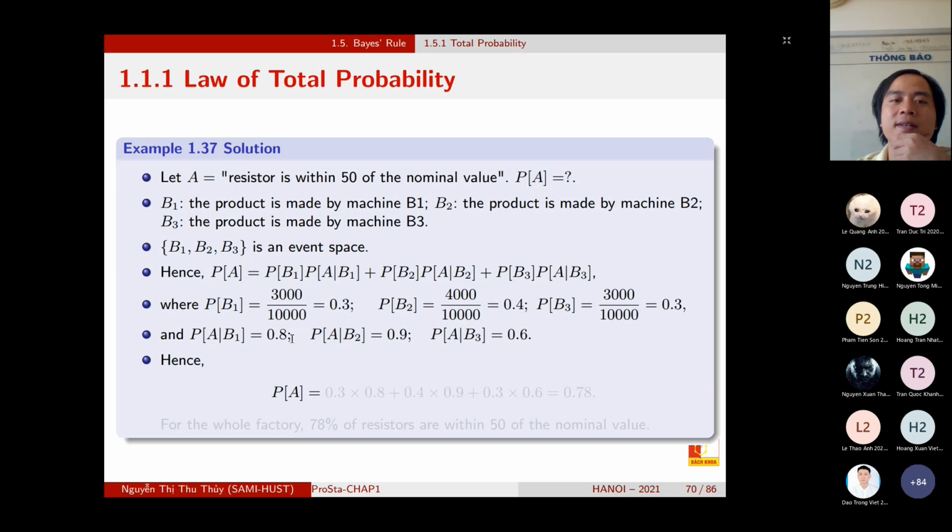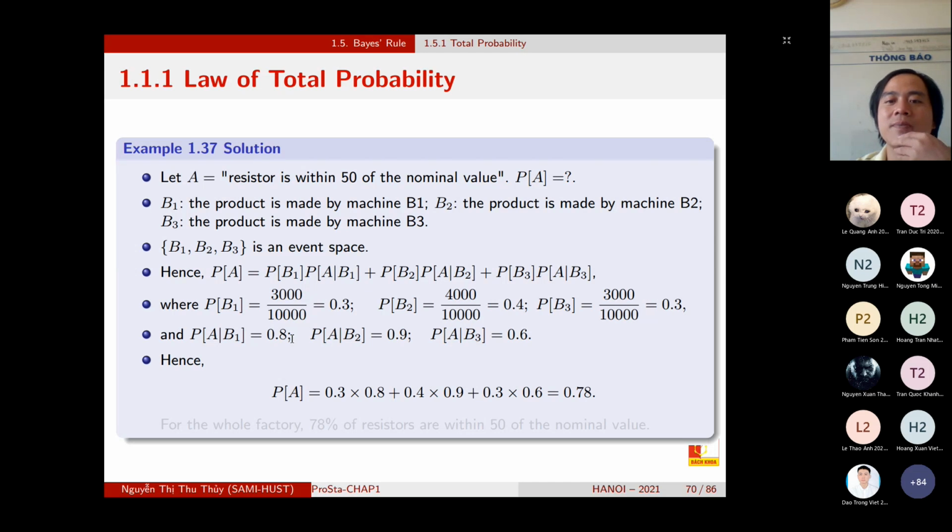Now you replace all the values of each event and conditional event into the formula of P(A). You get the answer 0.78. That is the probability in general, if you mix all the products within a bin and pack it.